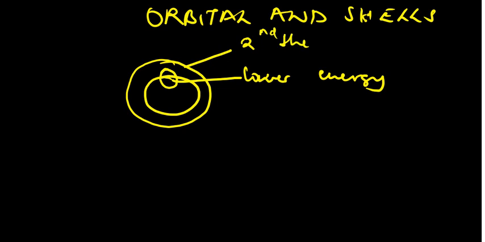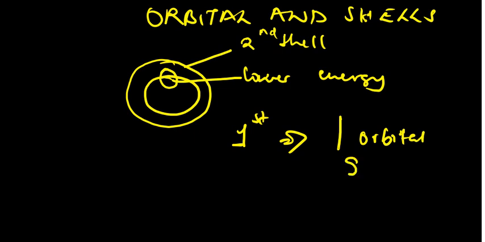Okay, so what I want you to know is that in every shell there's a specific number of orbitals that you can find. So in the first shell you only find one orbital, which we also call the s orbital.